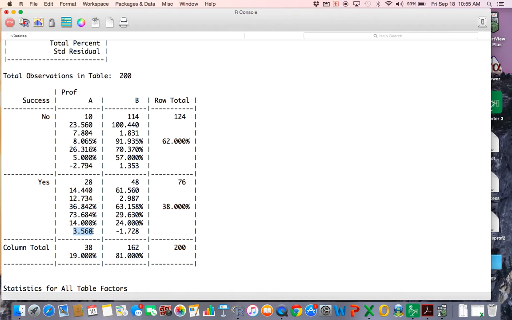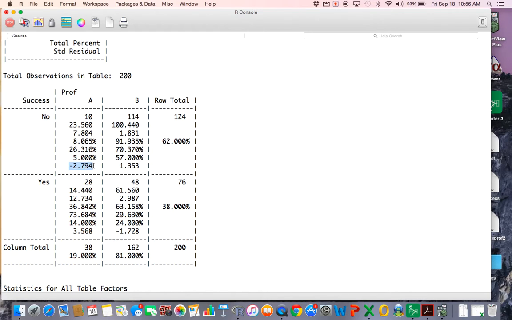under the null hypothesis. Now you guys got to remember, the null hypothesis states that there's no relationship. So if there's truly no relationship between success rate and professors, that cell count is 3.568 standard errors higher than we would have expected. So that gets us a little bit better than just the chi-square statistic, and we're going to improve on this at each and every step.